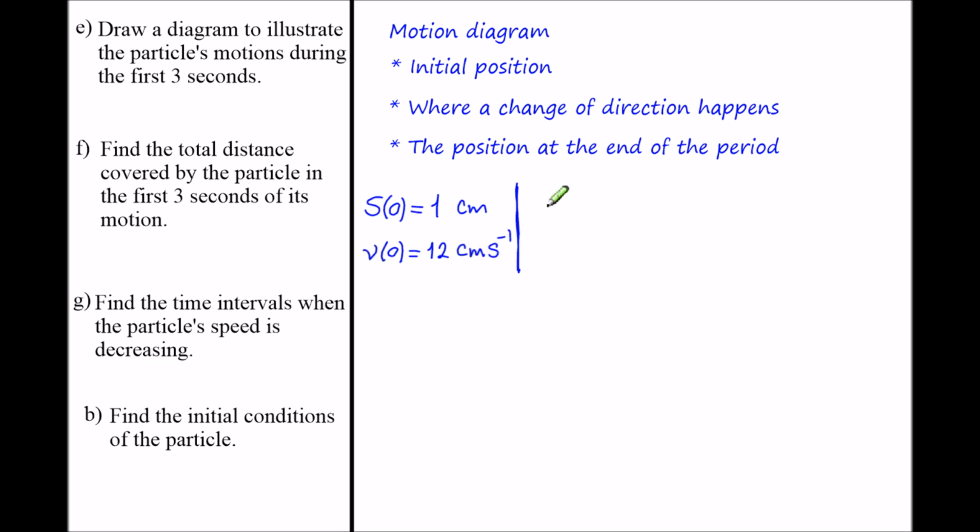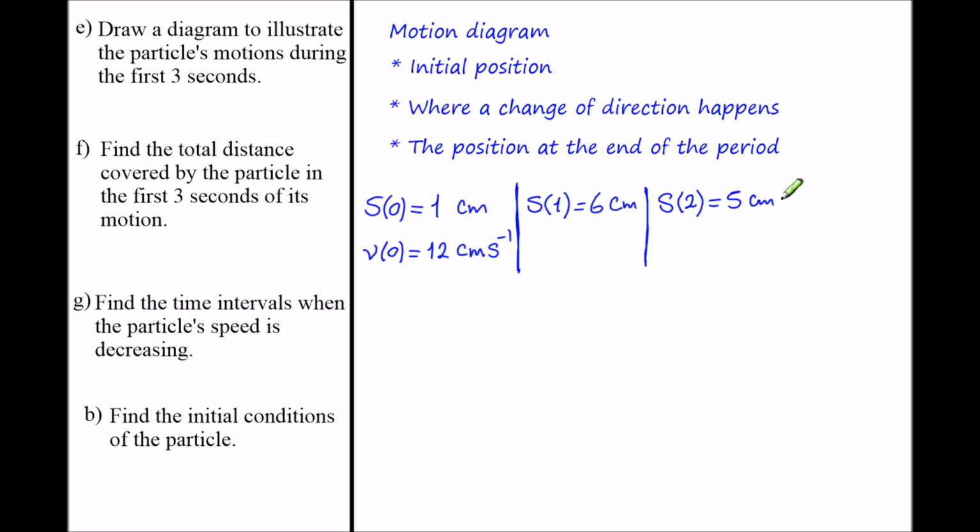A change of direction happened at t equals 1, and s of 1 was 6 centimeters, and another change of direction happened at t equals 2, and s of 2 was 5 centimeters. So these are the initial conditions.